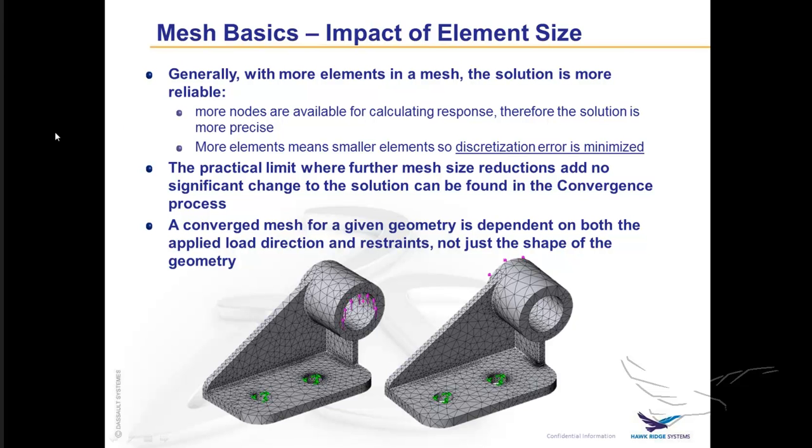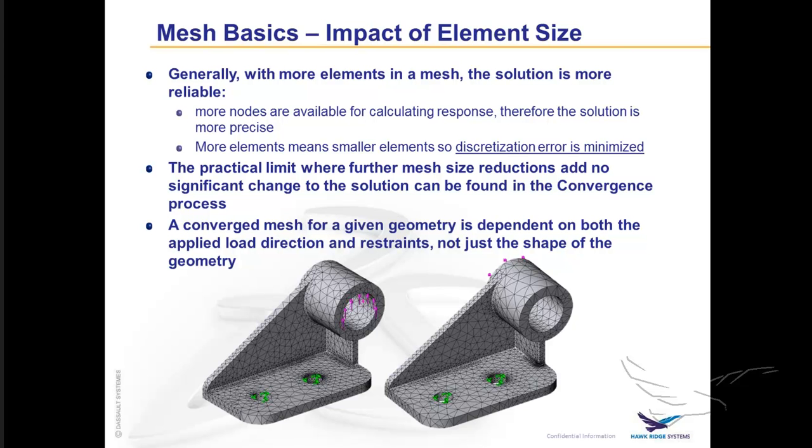So that means that there's a significant impact of element size. Element size plays a critical role in how reliable our mesh can be and our solution attained from that mesh can be. More nodes that are available for calculating the response, therefore the solution is more precise, right?